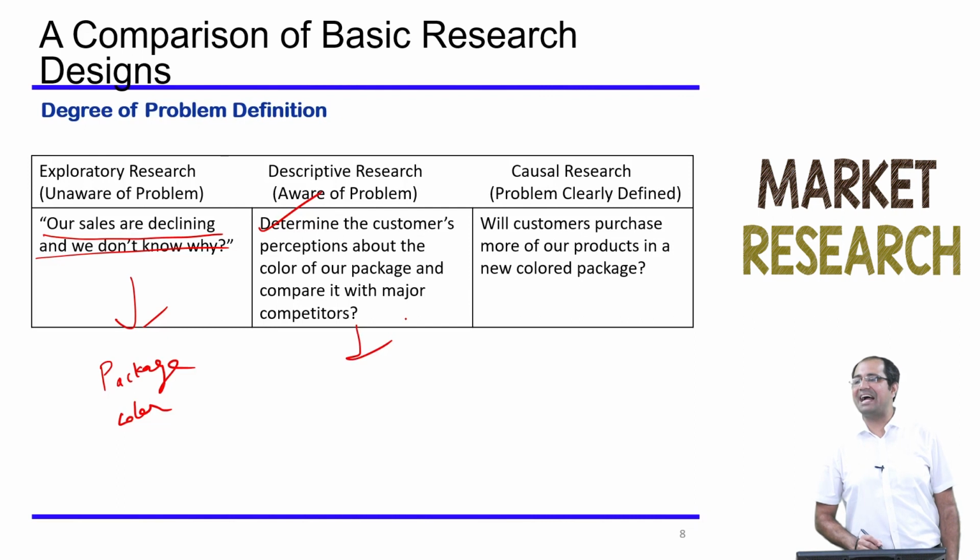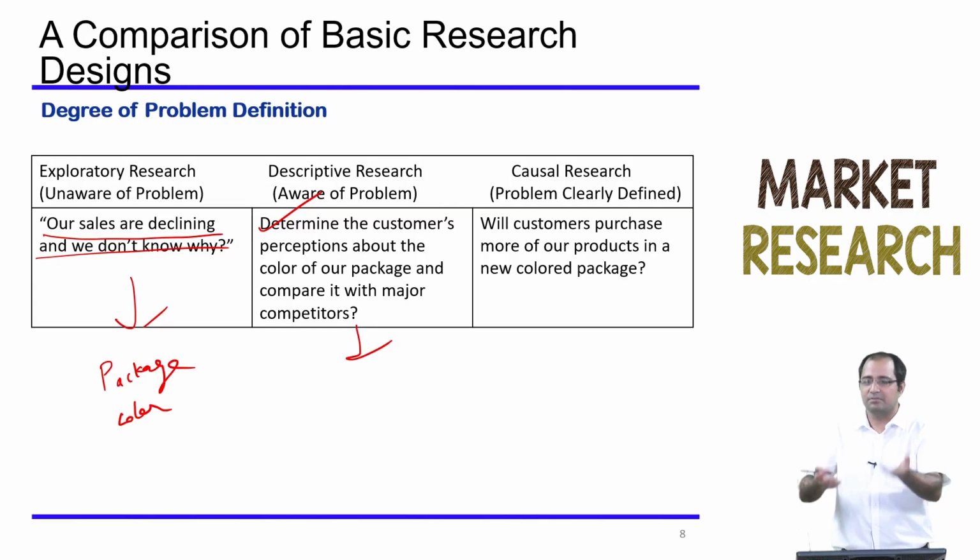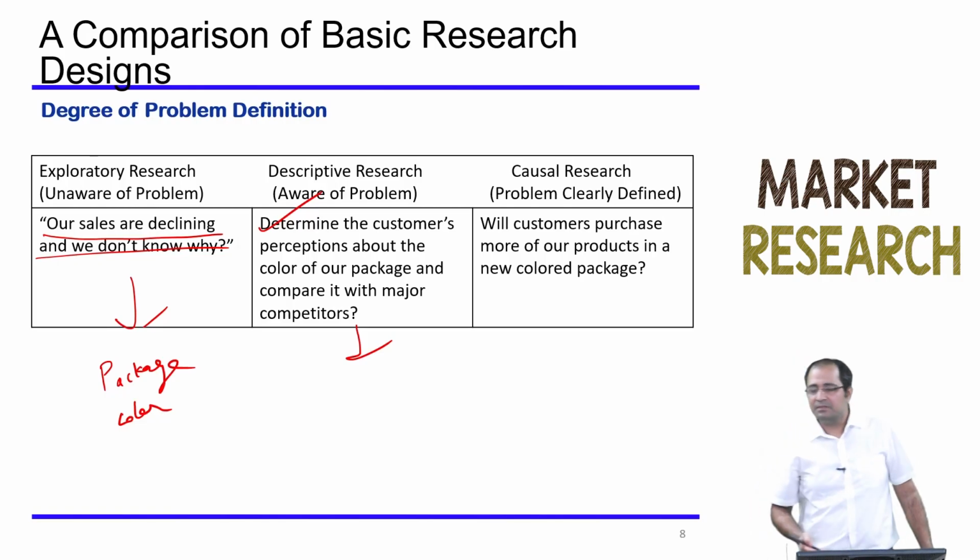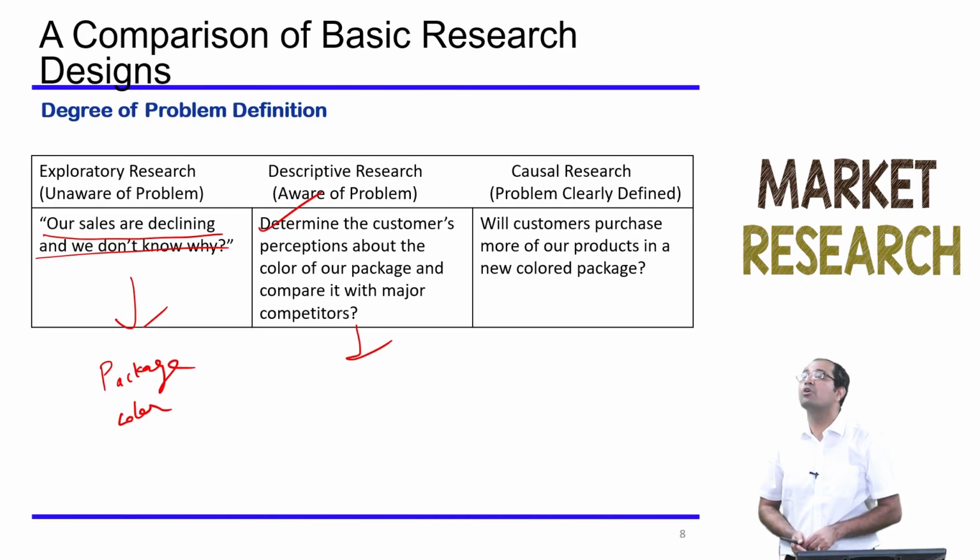Now after that you design a new package. Because you know that the color appeal of the current package is low, you now have to make two or three samples. Once you have those samples, let's say three or four different samples of your packages, you want to know which one will appeal more to customers.